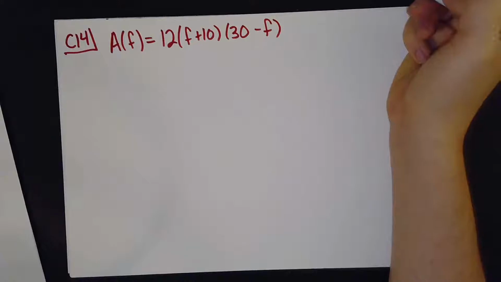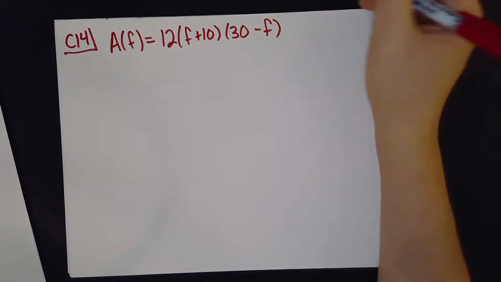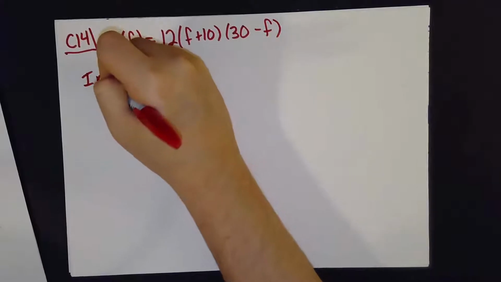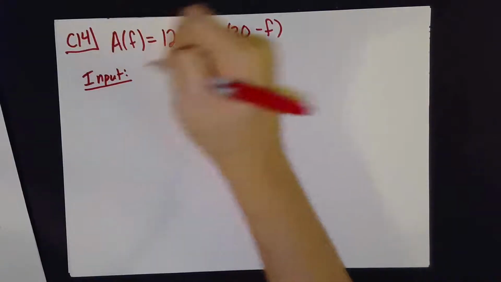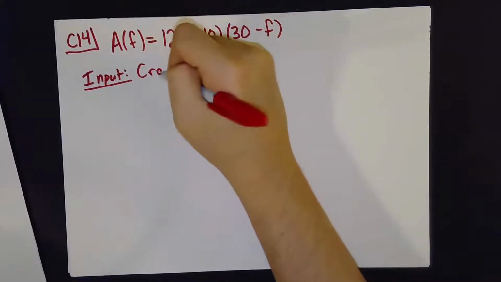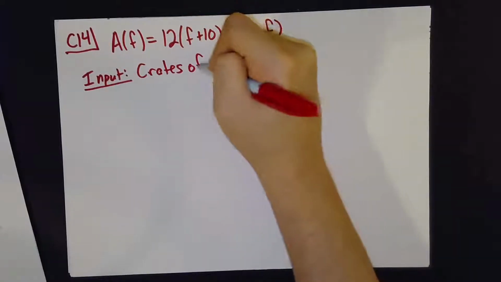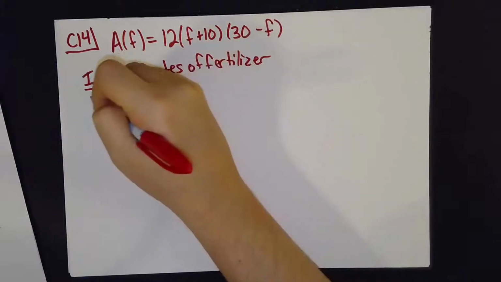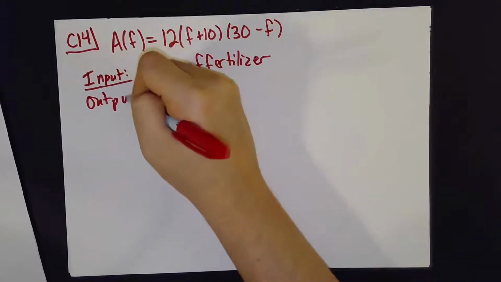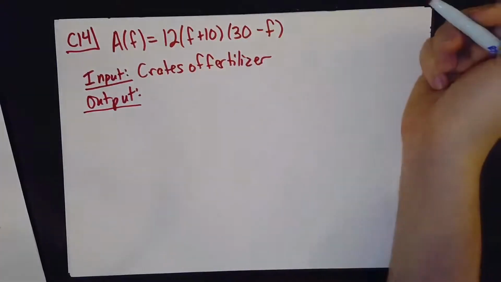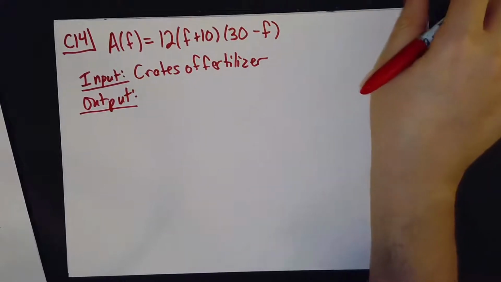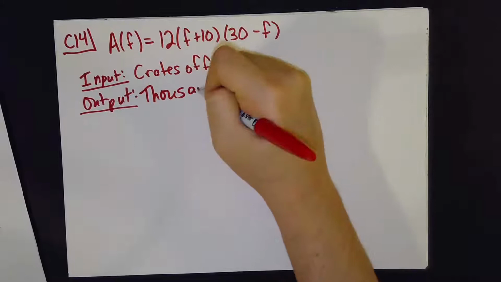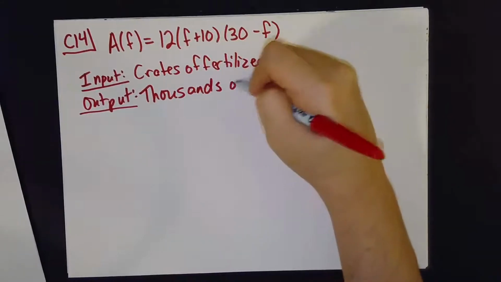We're looking at our yield of apples in terms of the amount of fertilizer. The input here is how many crates of fertilizer are used, and the output is how many thousands of bushels of apples are produced.